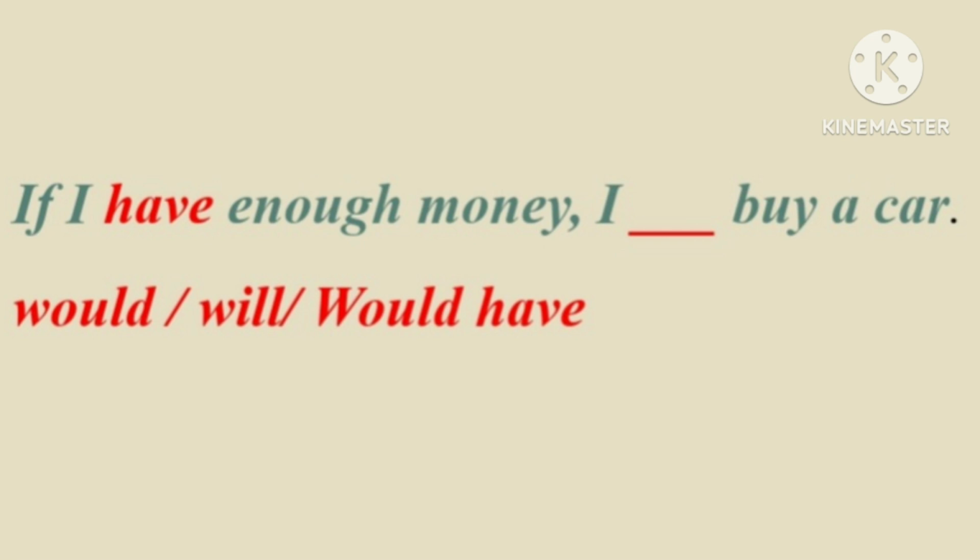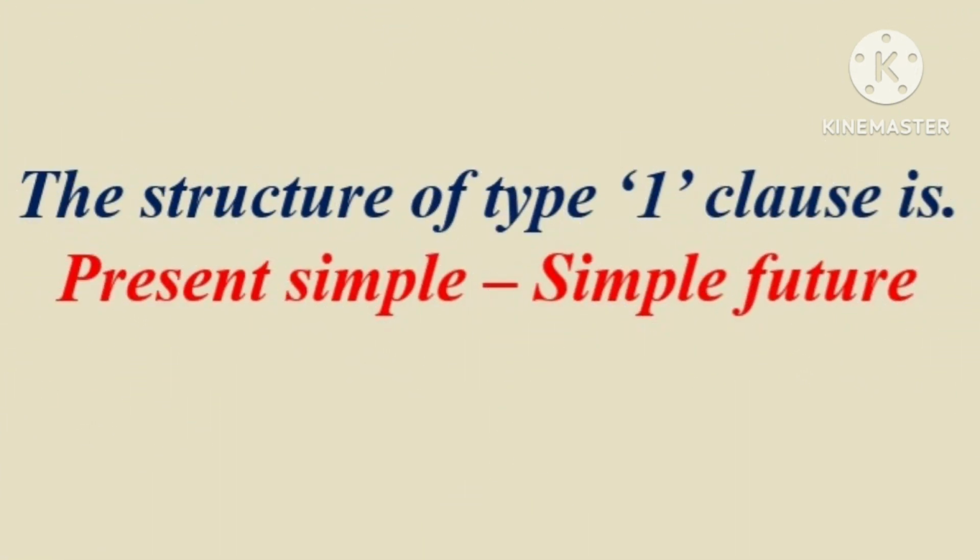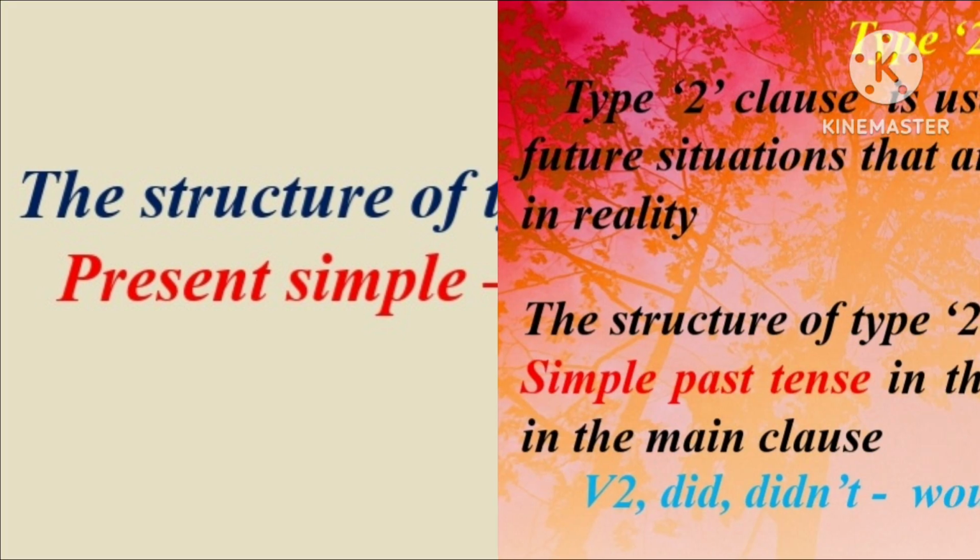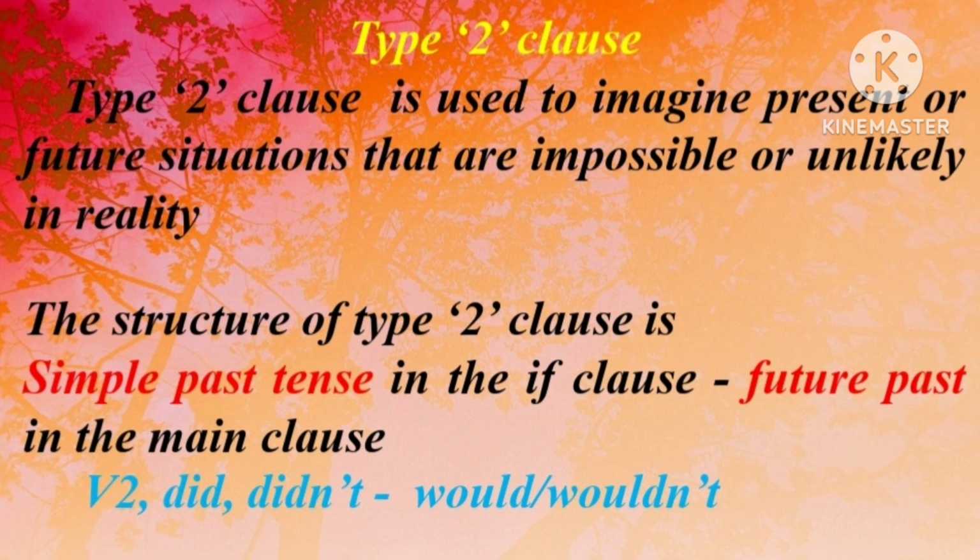I think will is the right option because have is in simple present tense. That's why we have to go with will. The structure of type 1 clause is simple present tense in the if clause and simple future tense in the main clause. Let us see type 2 clause.